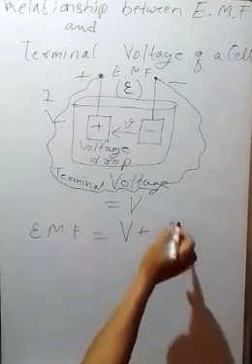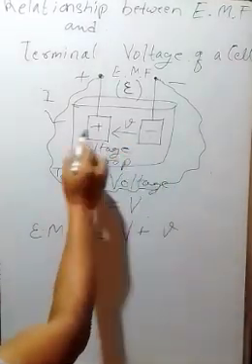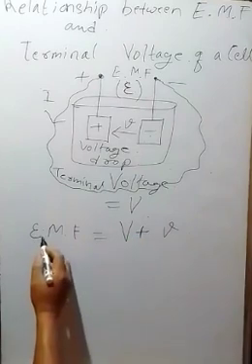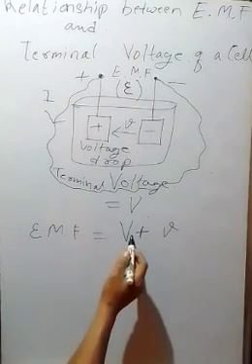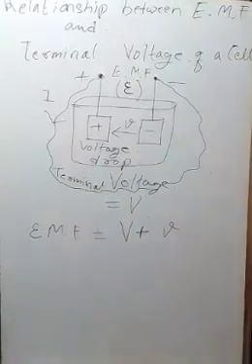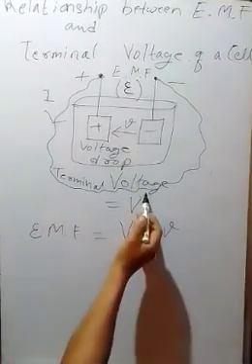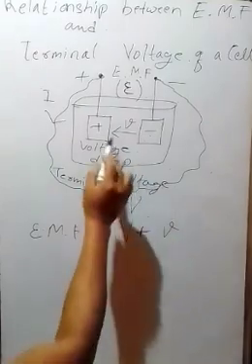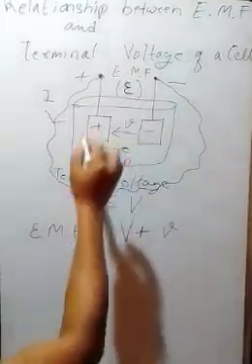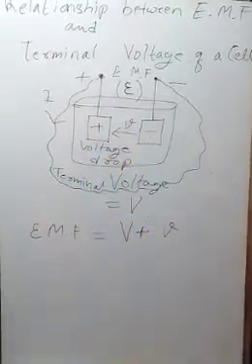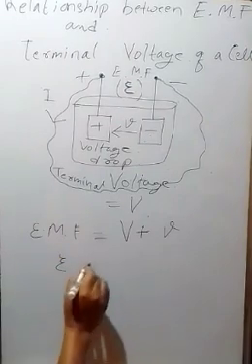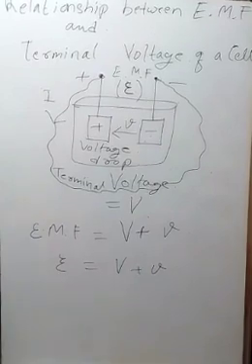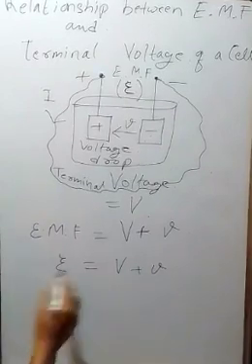Due to small v, there is some work done inside the battery, so E.M.F will be greater than V, or terminal voltage will be less than E.M.F, because there is extra energy used inside the battery, as current is flowing inside the battery also. So E.M.F will be V plus small v. Clear?